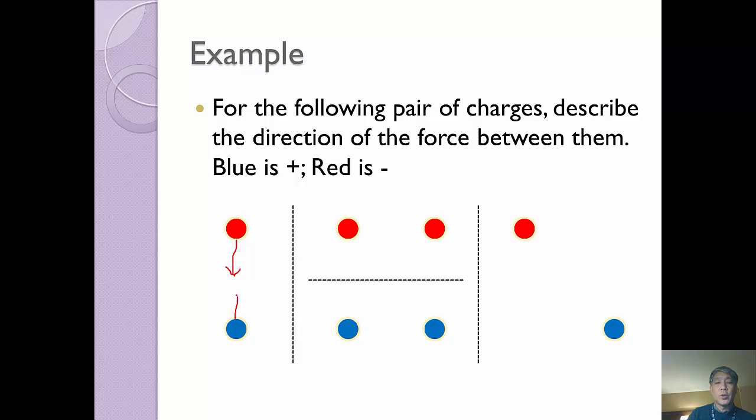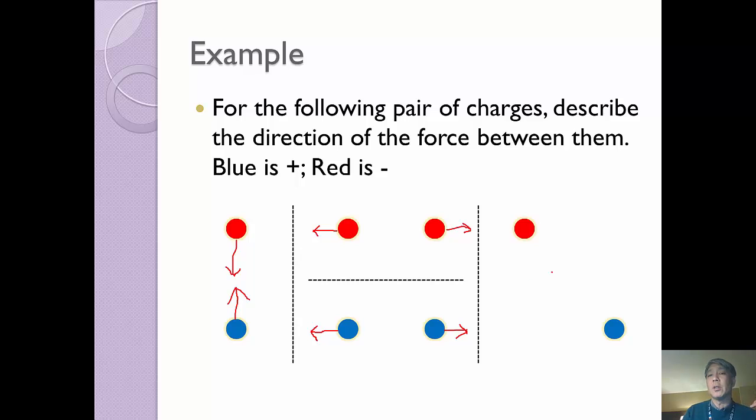They want to move towards each other. Equal but opposite, remember. Red and red is going to be repulsive, so they want to move away from each other. Equal but opposite again. Same with the two blue charges: same charge, equal but opposite, and they move away.